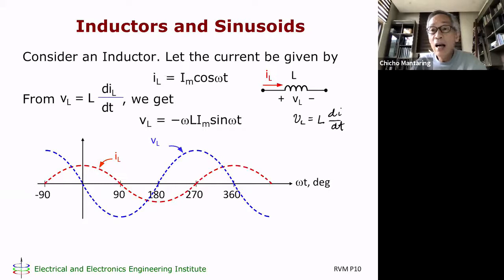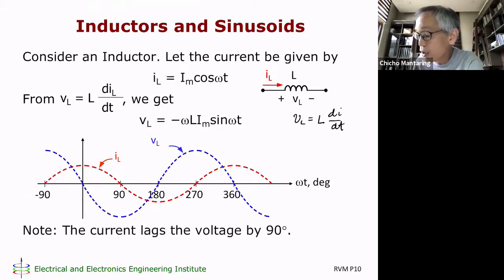Ang nauuna yung voltage. Nauuna yung voltage, no? Remember I said, if yung nauuna, parang nasi-shift to the left. So nauuna yung voltage, tapos saka yung current. So the current lags the voltage by 90 degrees.